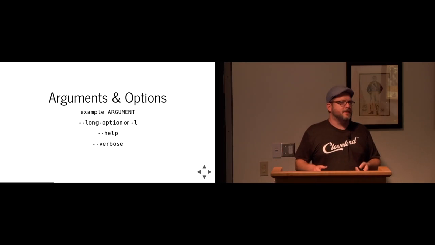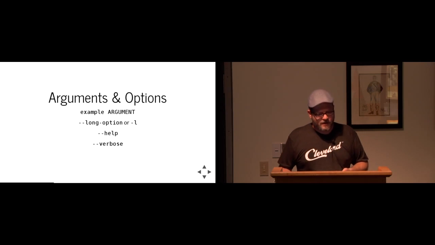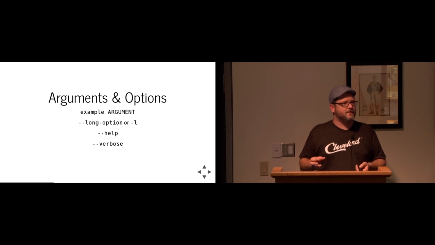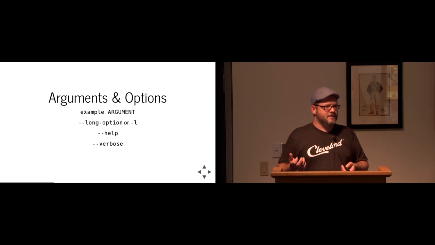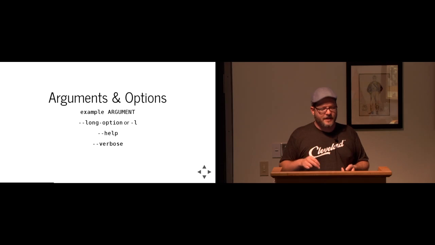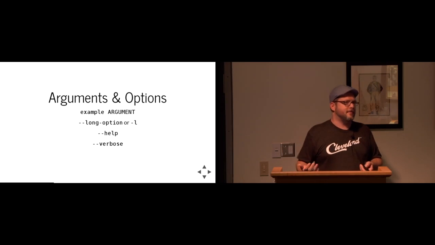So now we're going to get into some of the specific ways that you can make command line applications that fit in. The first thing is having positional arguments for required input, and then options using the standard 2 dashes for the long version of the option, and a single dash, single letter only for the most common options that would be available.